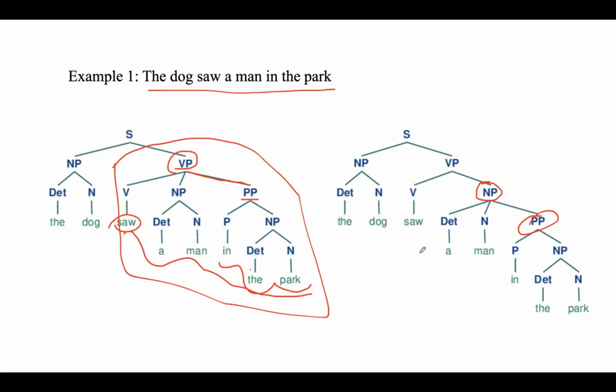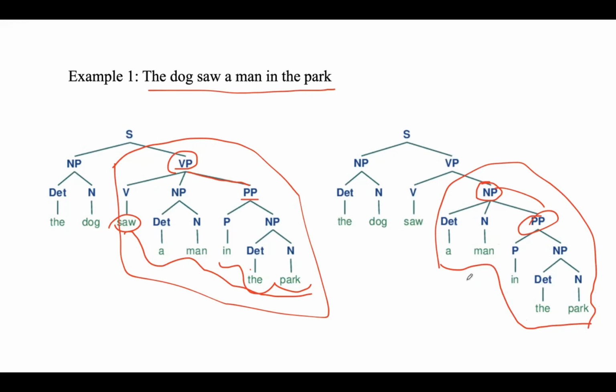Whereas if you take the second parse tree, if the PP is attached to this noun phrase, then we need to consider this part only, the right subtree of this VP. What this indicates is there is no seeing event in the park.